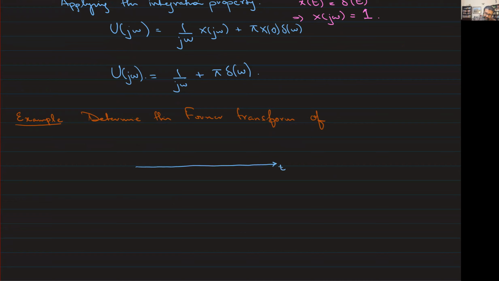This is t. This is x of t, and the signal is 0 everywhere at -1. There's a discontinuity and then sort of a ramp and then goes back.